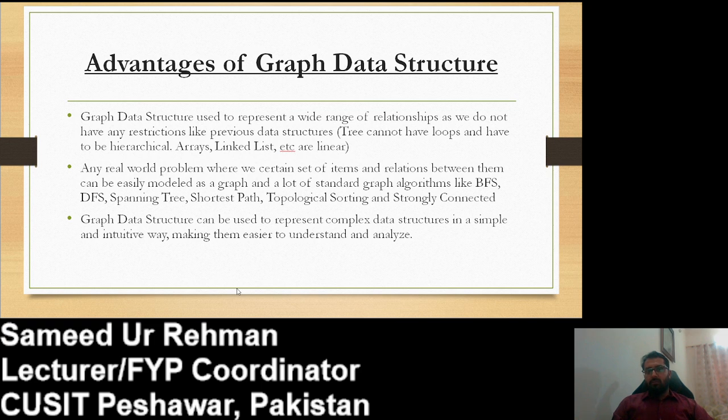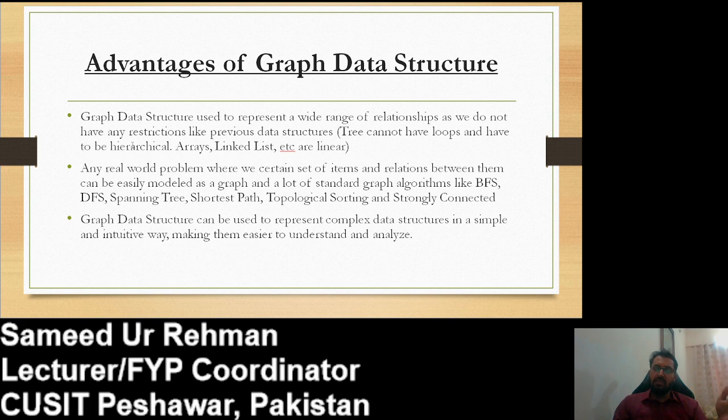So, advantages of a graph, the last section is advantages and disadvantages. Starting from the advantages, the main advantage of a graph data structure is to represent a wide range of relationships. For example, in the real world we have Facebook, LinkedIn, Twitter, Instagram.